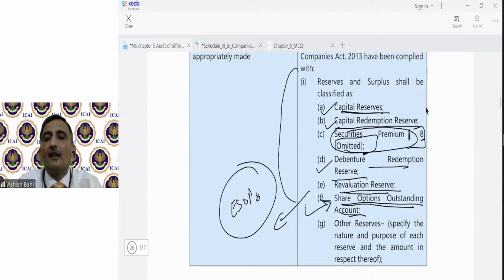So this is what share options outstanding account is all about. Options are given to the employees to purchase shares of the company in future at a predetermined price.